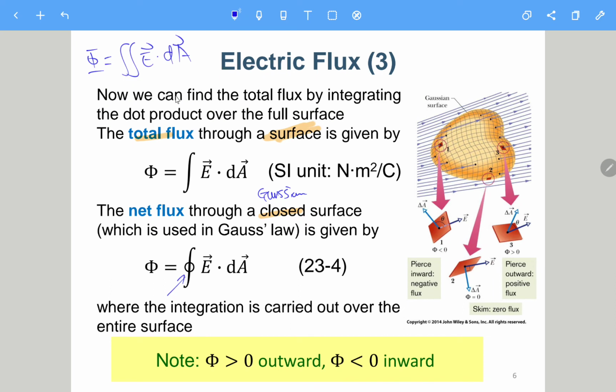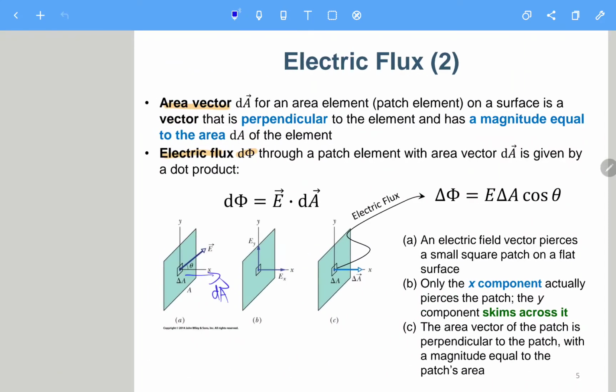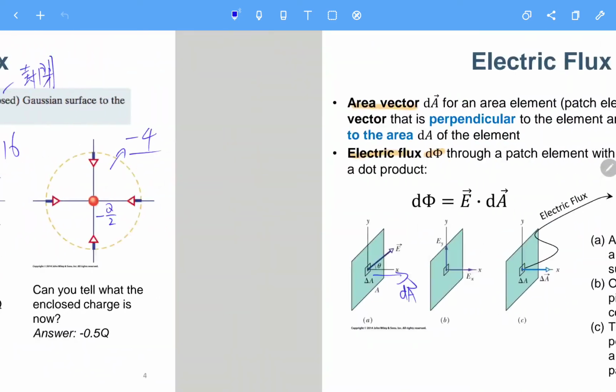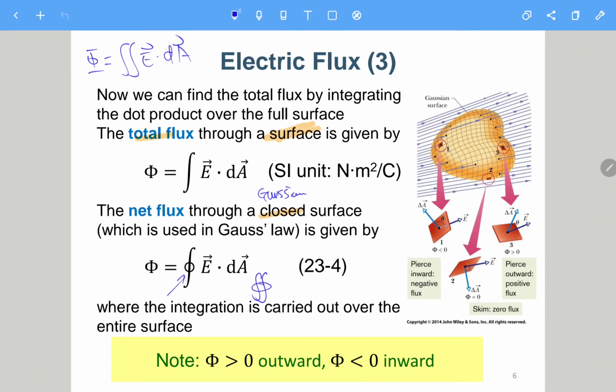Here it will be something like this, to specify the closed double integral. Yes, the notation for mathematics and physics are somehow different. Okay, so this is the definition.